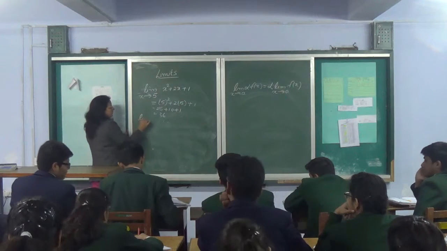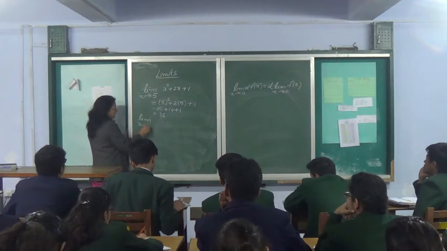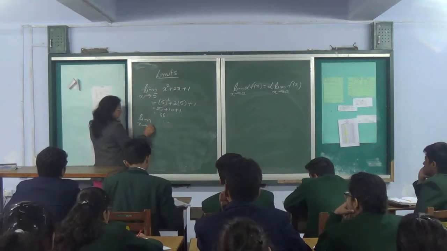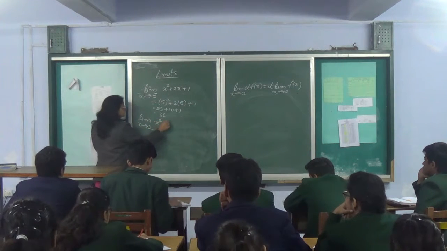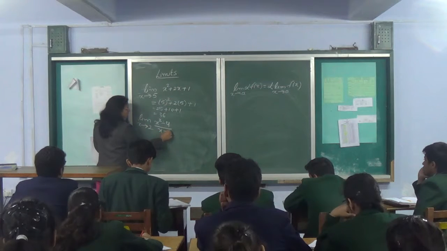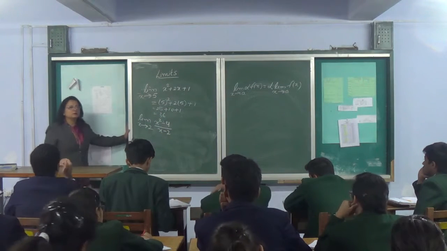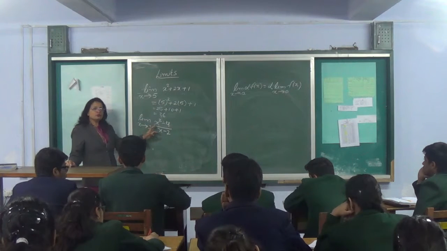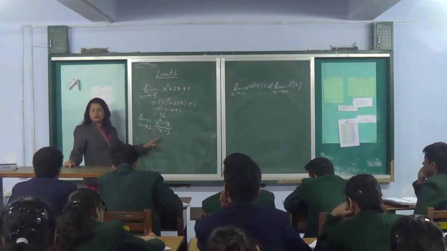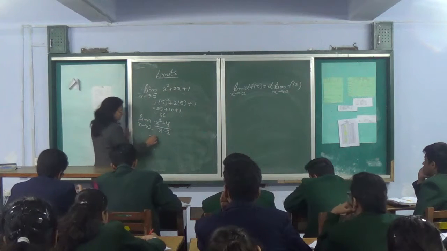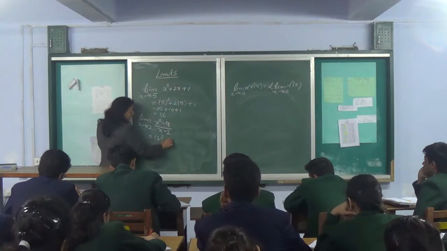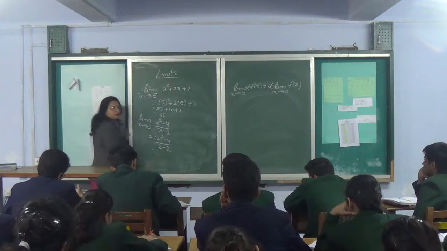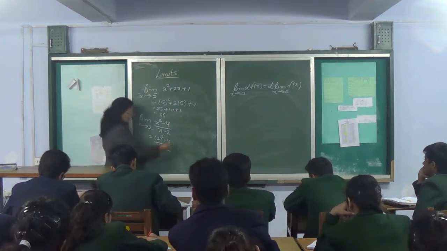Now if you have limit x tending to 2, x square minus 4 upon x minus 2. In this case, if you substitute 2 in place of x, what we observe is 2 square minus 4 upon 2 minus 2. What do we get?